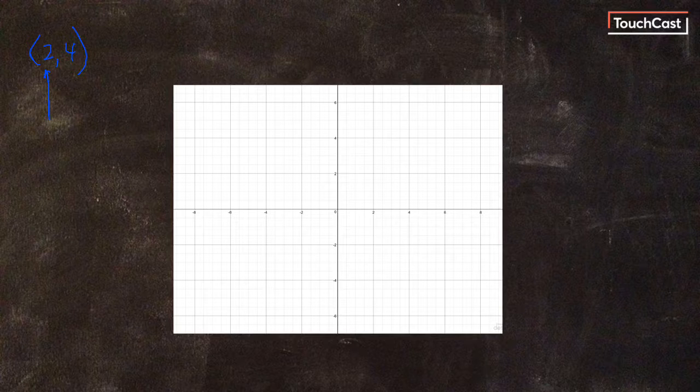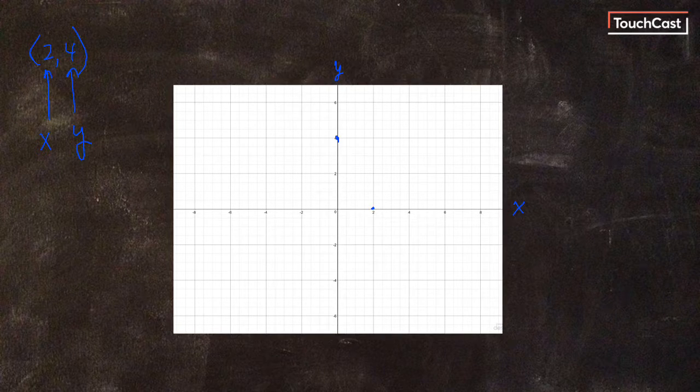If I were to take a point, and let's take a simple point, let's say 2, 4. The 2 represents the X portion, or the location on the X axis, and the 4 indicates the location on the Y axis. So we take these step by step. Again, this being X, this being Y. We look at the 2, we actually move out to the 2 spot, which is right here on the X axis, and then from there we go up 4, because this is 4 on the Y axis, which is located right here.